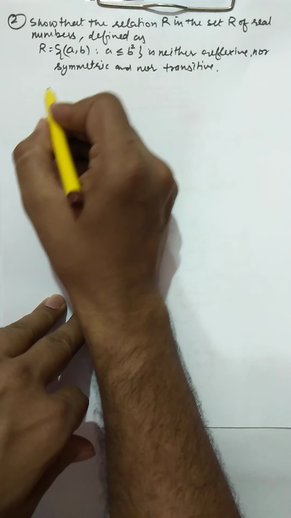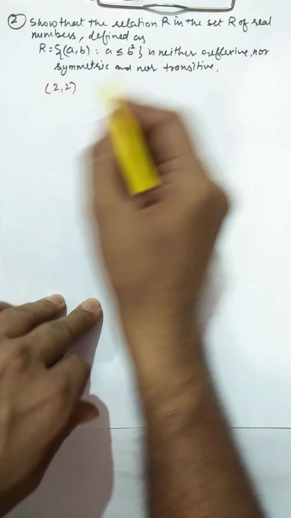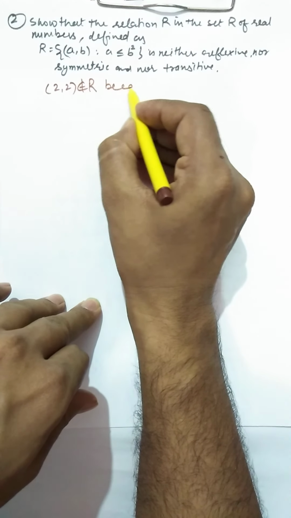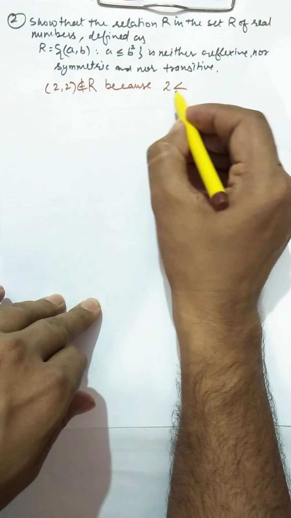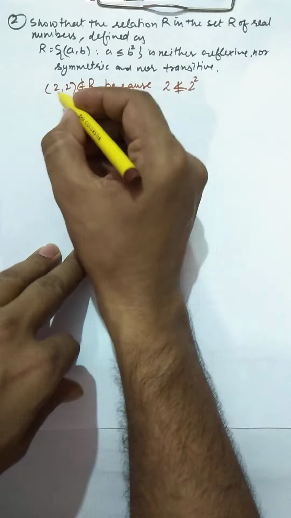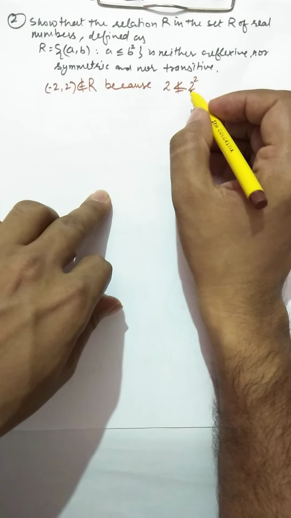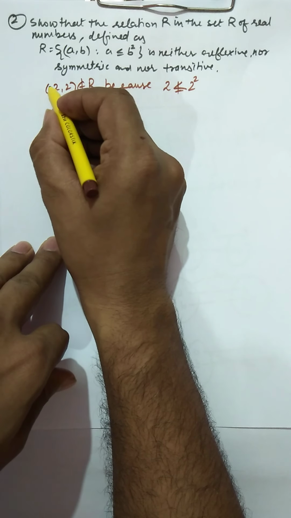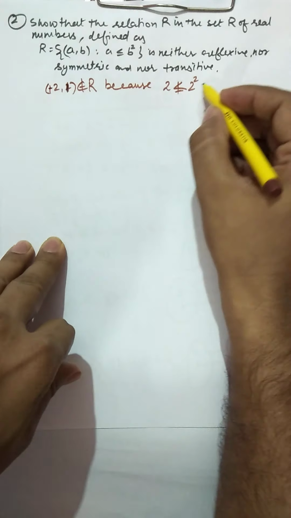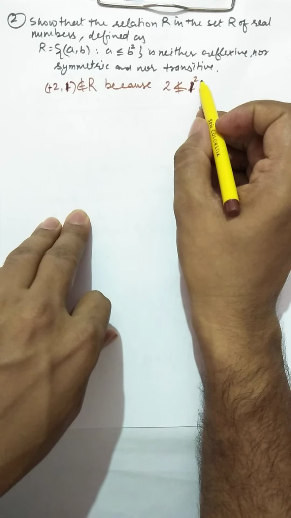we take this example, 2 comma 2, because this is the set of real numbers, not belongs to R, because 2 is not less than or equal to 2 square, no, this is plus 2, and this is 1 you take, (2, 1), so this is 1 square, so 2 is not less than or equal to 1 square.